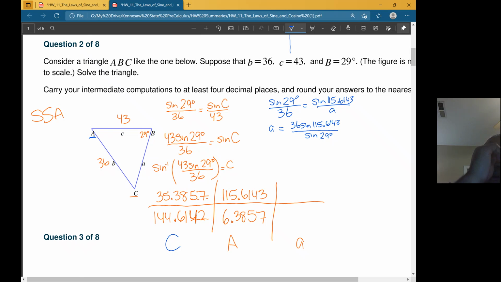And I get little a is equal to, but yeah, big angle, largest side. That would be equal to 66.9584. Okay, yeah. And this is not rounded yet. We'll round when we get to the answer part.